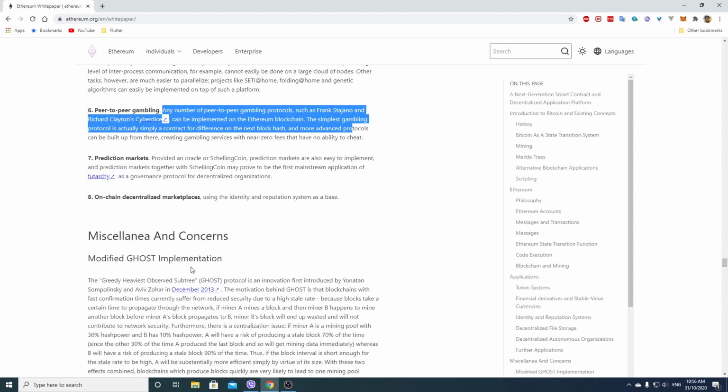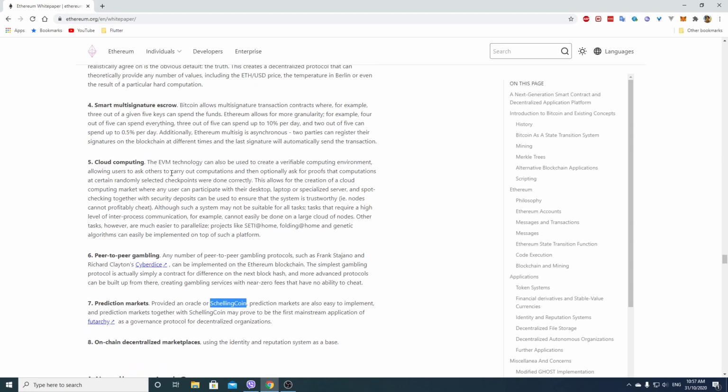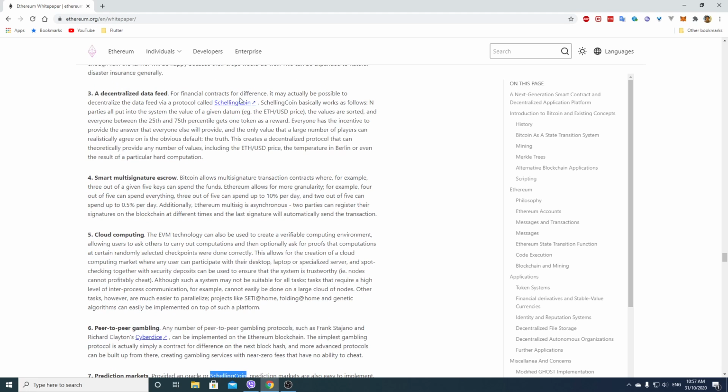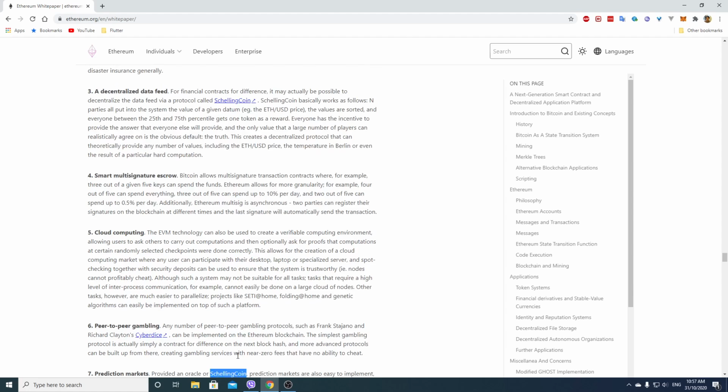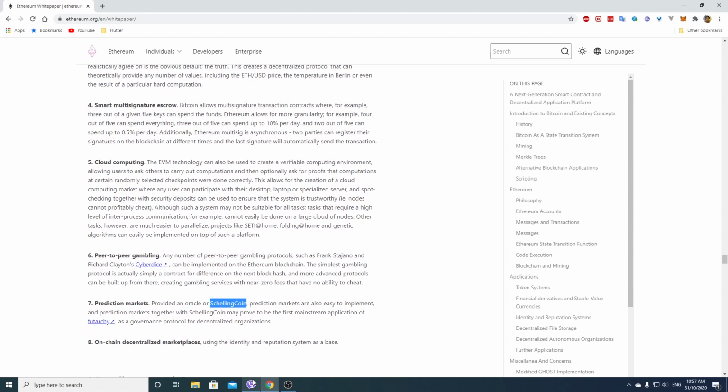Prediction markets, provided an Oracle or ShellingCoin, are also easy to implement. And prediction markets together with ShellingCoin may prove to be the first mainstream application of futarchy as a governance protocol for decentralized organizations. So this is actually the same idea as they say up there, ShellingCoin, except that it's not only about now, but you also do the future.